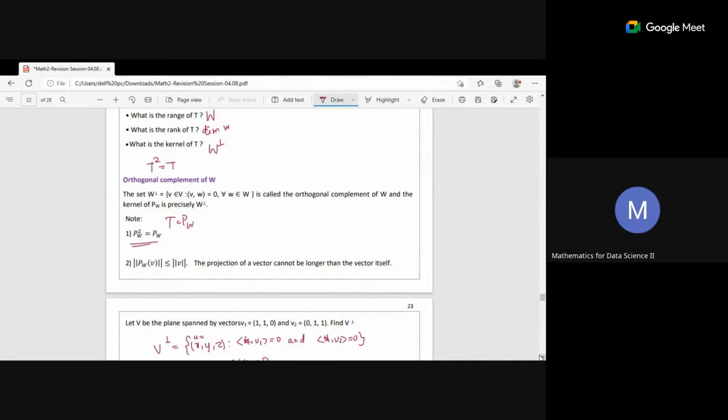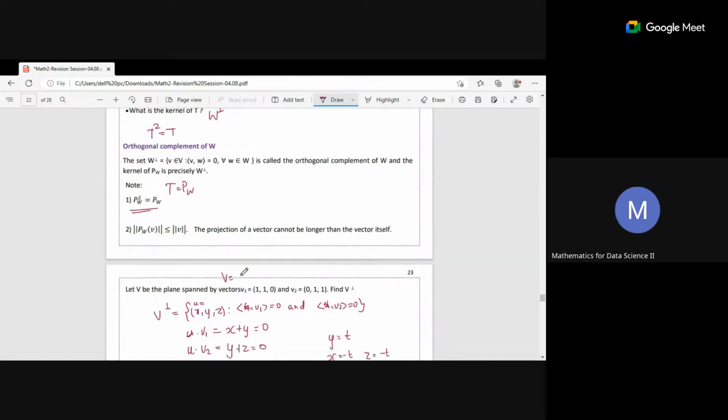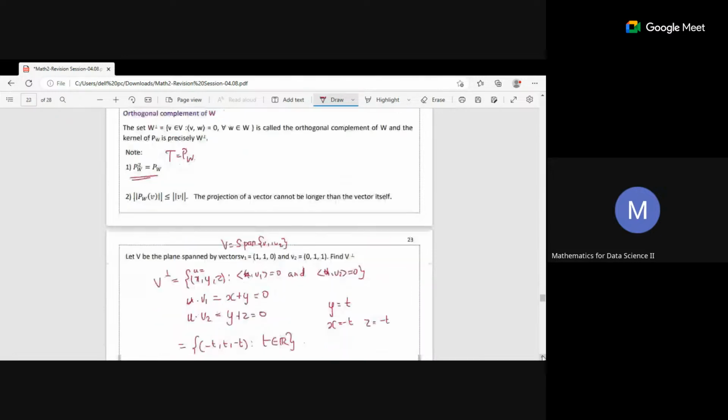Here the subspace is the span of V1, V2, so V1 and V2 form a basis. Instead of taking any element and saying the inner product is 0, I am just taking the basis elements and considering the inner product to be 0 with these basis elements.